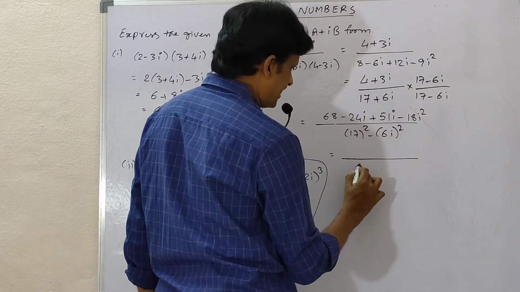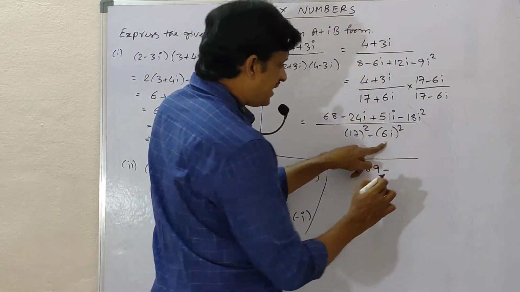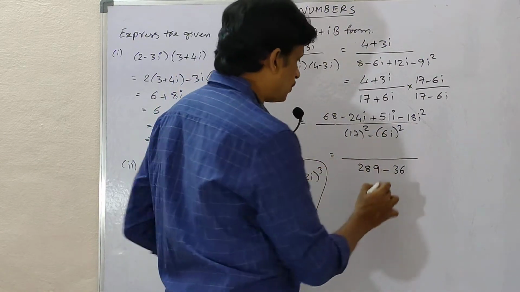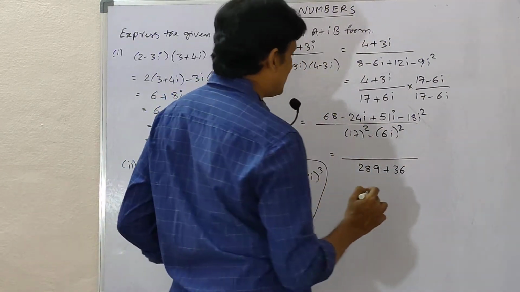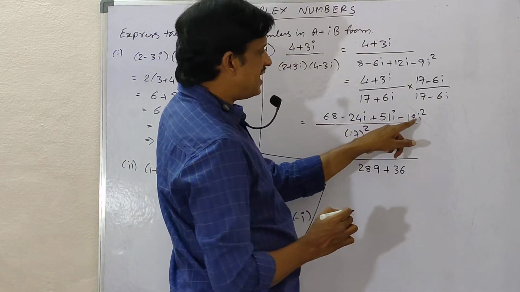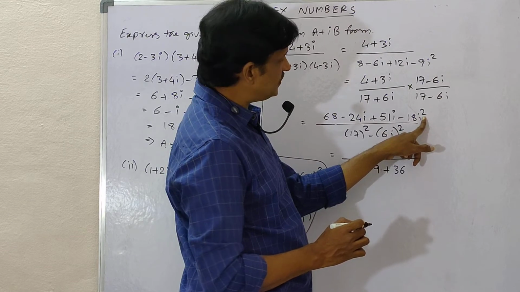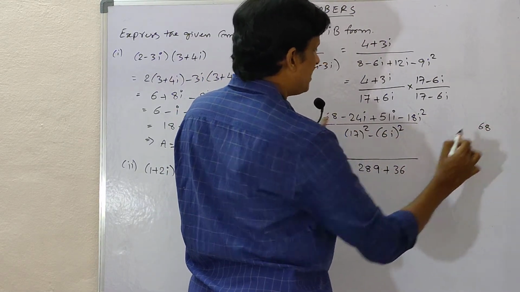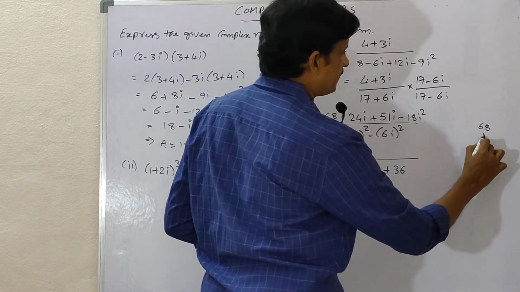So here 17 square is 289, minus 6 square is 36 i square, but i square is minus 1, so you will get a positive sign here. In the numerator it is minus 18 i square we got here. i square is minus 1, then this will be plus 18. Now here it is 68 is there. Now this is minus 18 into minus 1 will be plus 18 again.